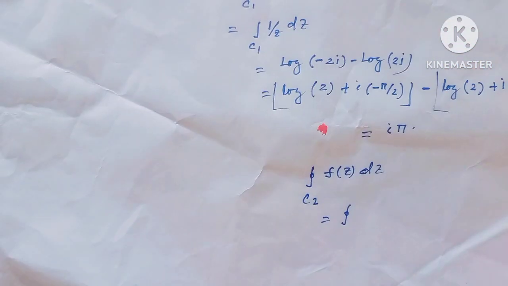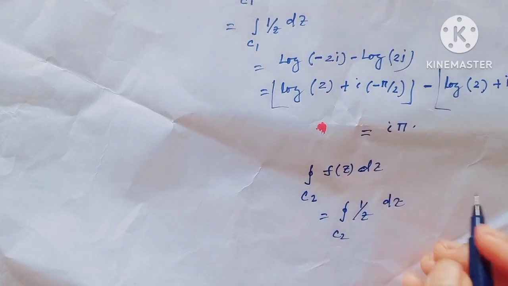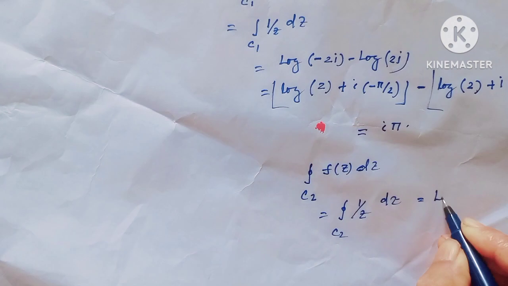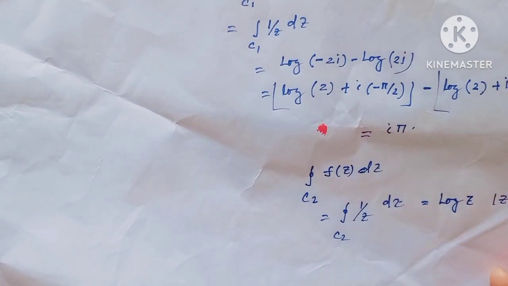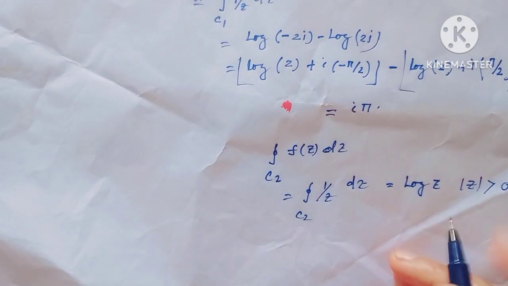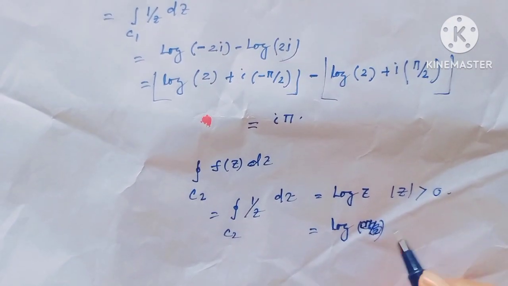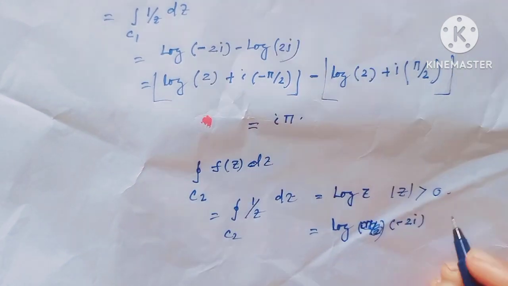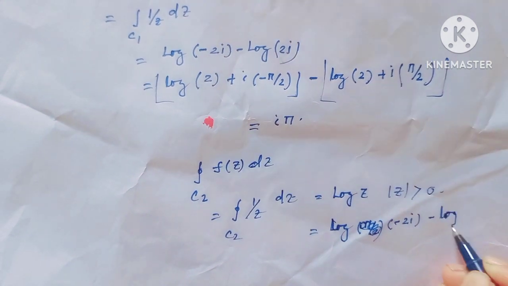Similarly, along the path C2, f(z) dz equal to, along the path C2, 1 over z dz, and the antiderivative of 1 over z is Log z, where mod z greater than 0. This value would be, sorry, similar to before: capital Log of minus 2i minus capital Log of 2i.